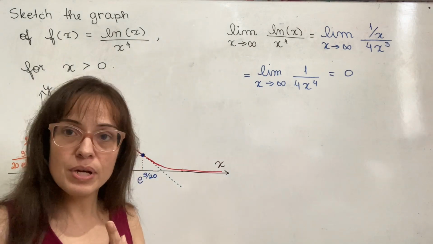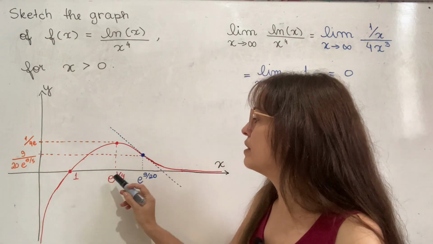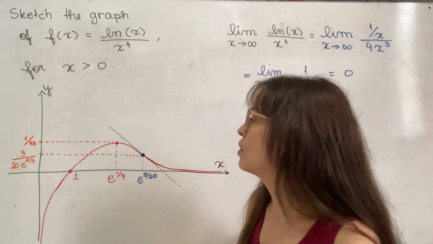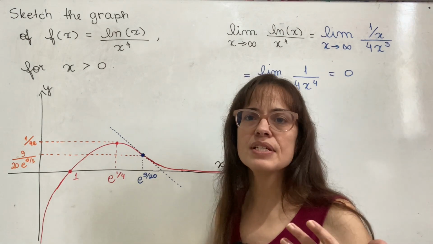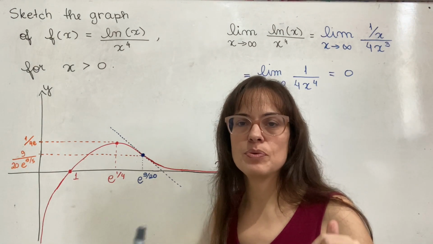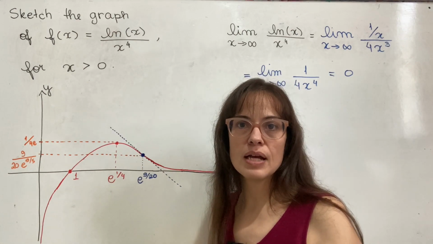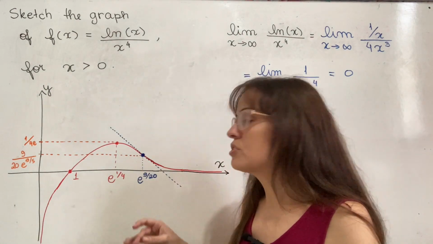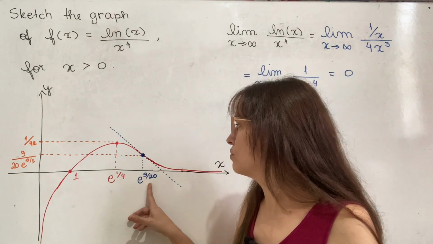So, by the way, speaking of this, when we decided that e to the power of 1 over 4 was really a local maximum, we did that by calculating where the derivative was positive and negative. But there was a different way that we could have done that, since at some other time we did calculate the second derivative when we were looking for the inflection point.